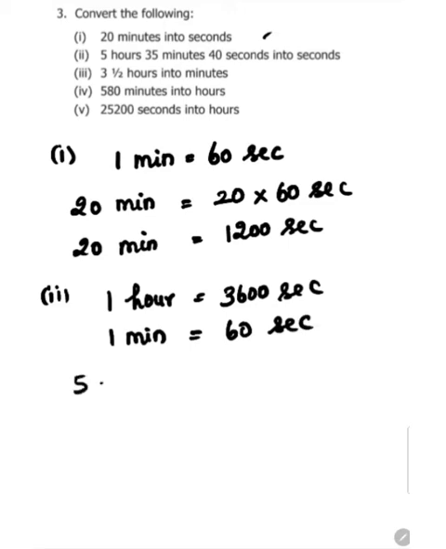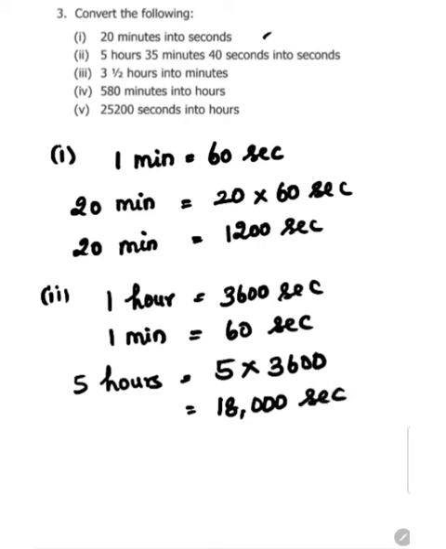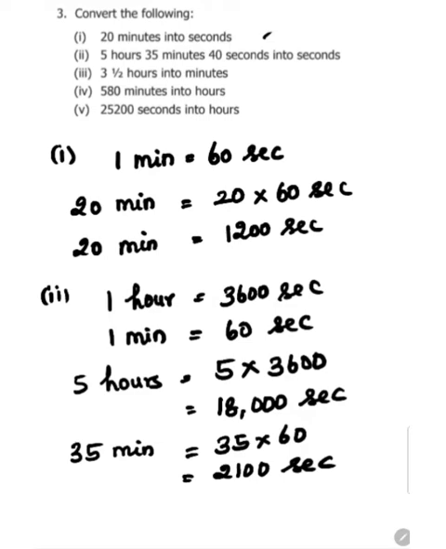So 5 hours is 5 into 3600, which is 18,000 seconds. Then 35 minutes is 35 into 60, which is 2100 seconds. The 40 seconds remains the same.